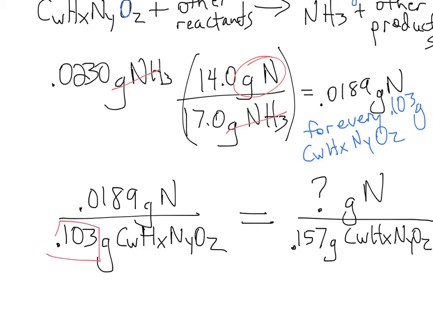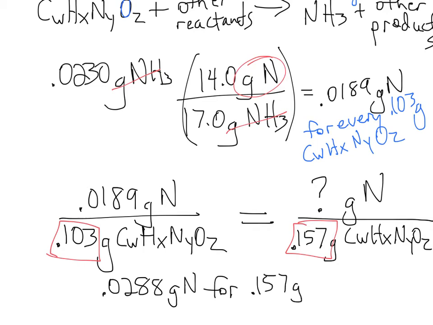Notice the difference here. This is what we had in the second experiment, and that's what we had in the first experiment. So I'm simply going to cross-multiply and solve for the question mark. And it works out to be that you get 0.0288 grams of nitrogen for every 0.157 grams of the unknown.